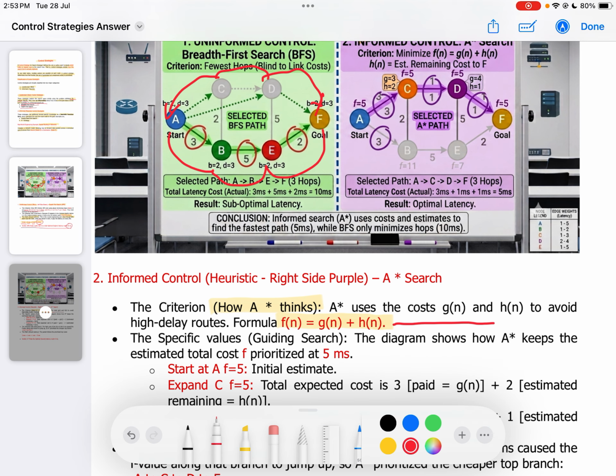When writing your answer, for heuristic functions, you should first write this function and then show the working. A star calculates the total cost from A to F in both routes, the ACDF route and the ABEF route. One comes to 10, the other comes to 5. So A star looks at the total cost, estimates it, and then implements it.